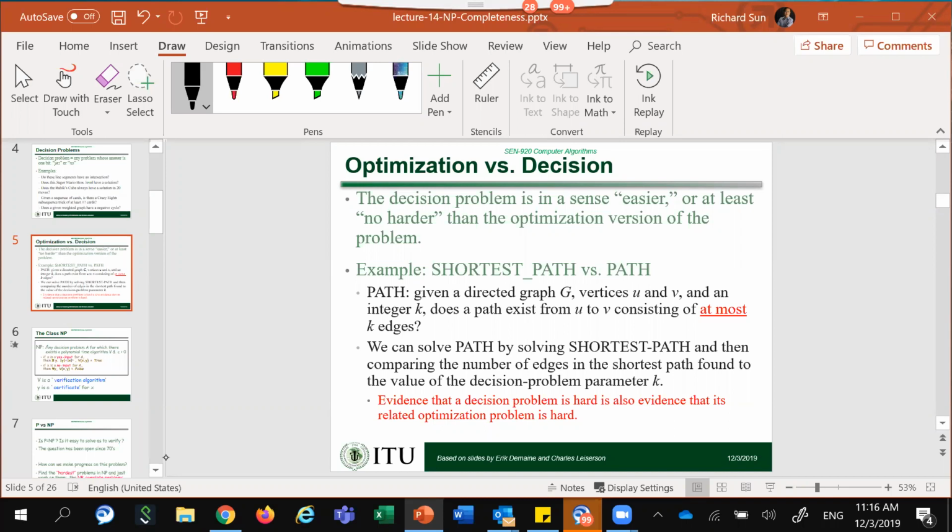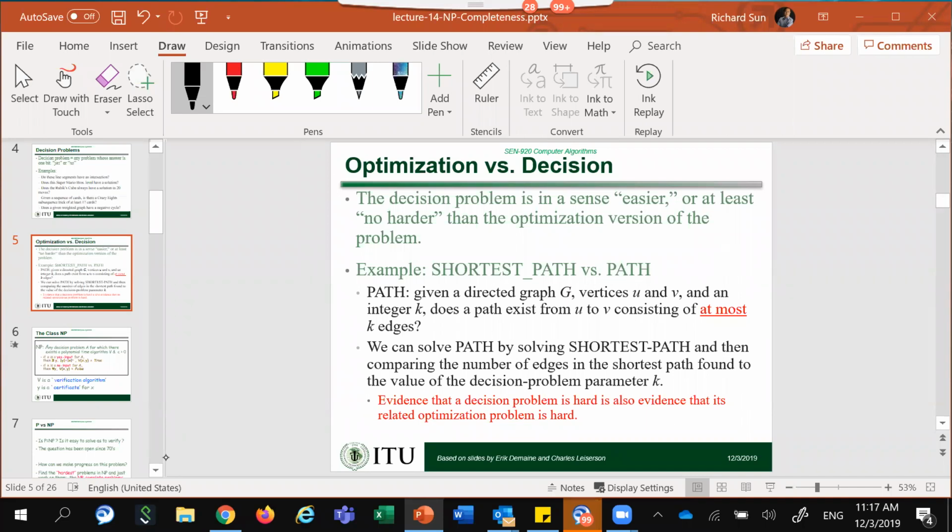It's a decision problem, the answer is yes or no. Does a path exist? I should not say "can you find," because that depends on each person's capability. This is asking about a fact: given a graph, vertices u and v, and the integer k, does this graph have a path from u to v such that this path has at most k edges? This is a yes or no question. It's a decision problem.